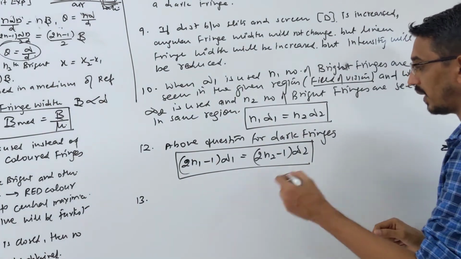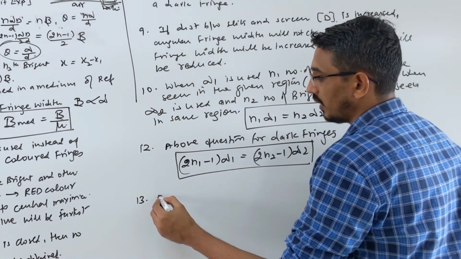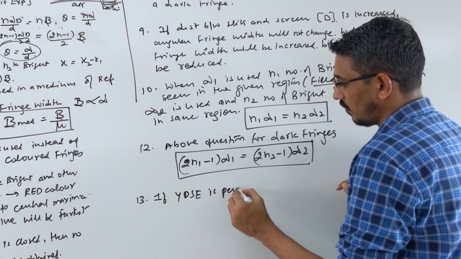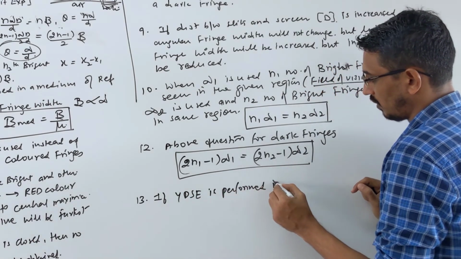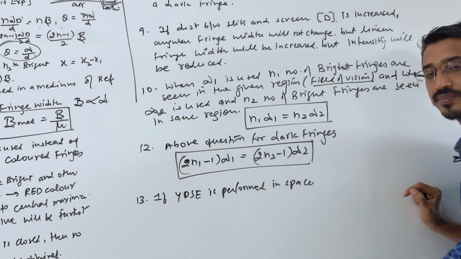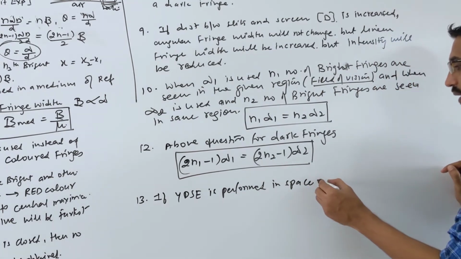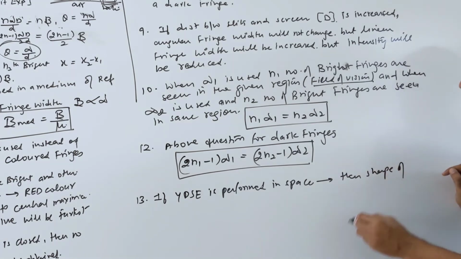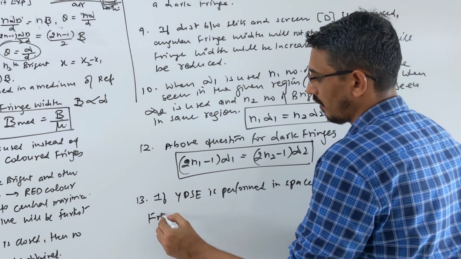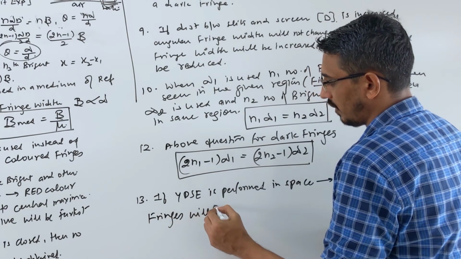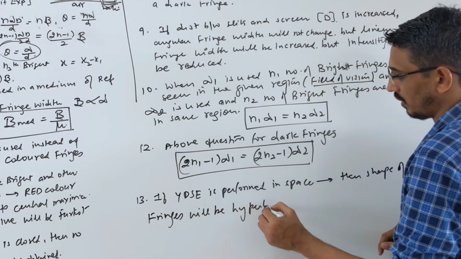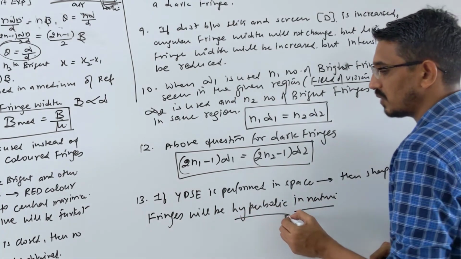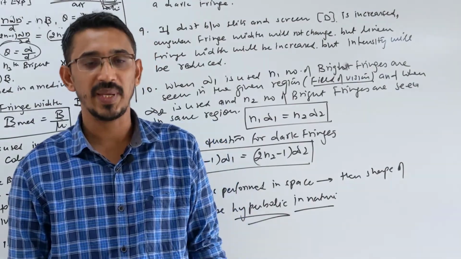You can also remember: if YDSE is performed in space, the shape of the fringes will be hyperbolic in nature.